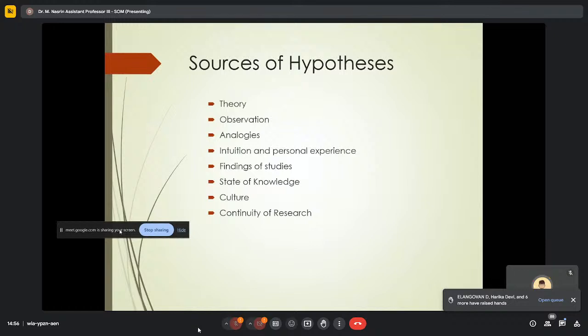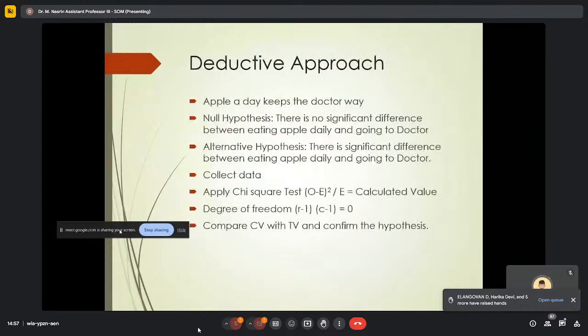Findings of studies from literature review, state of knowledge, your level of knowledge, culture and continuity of the research. These are the various sources which will help us frame a good hypothetical statement.